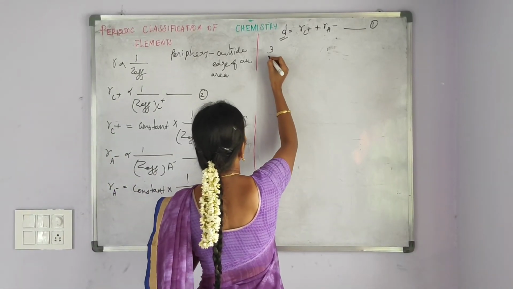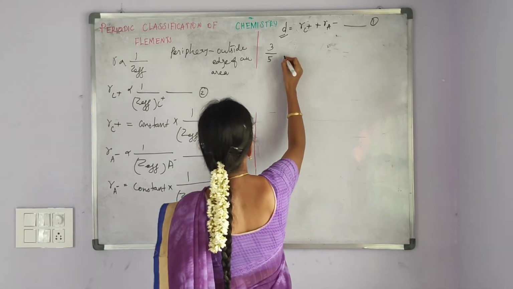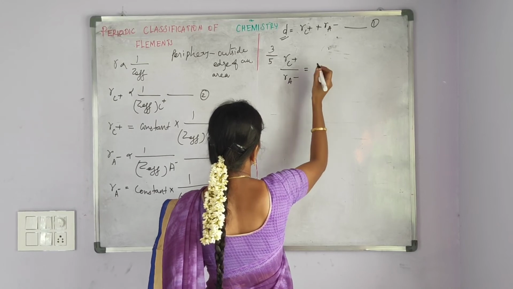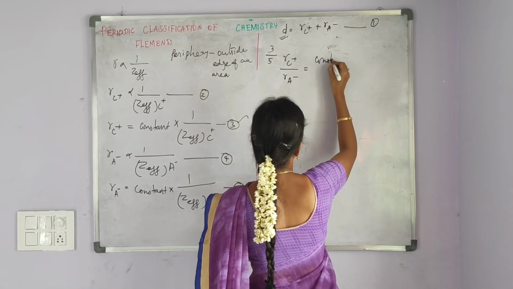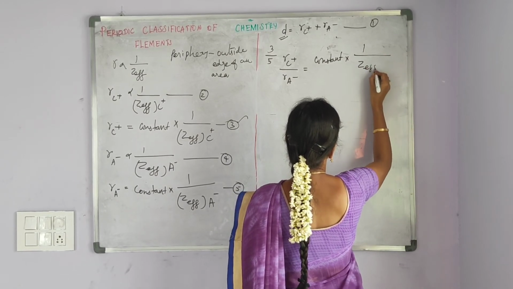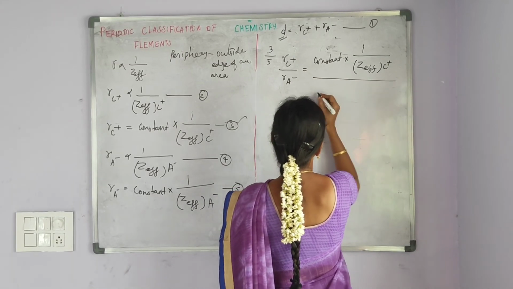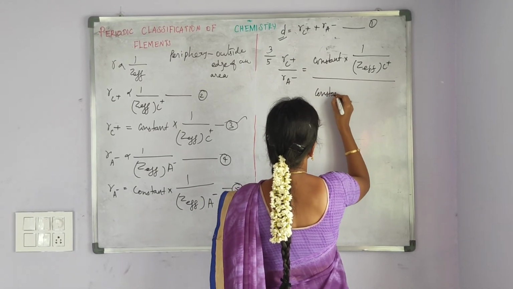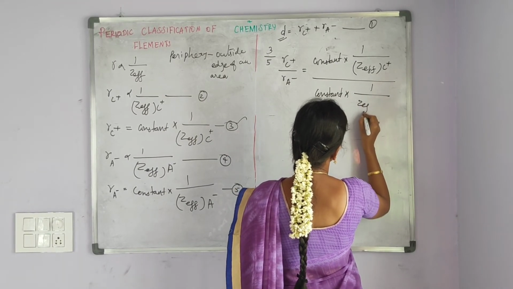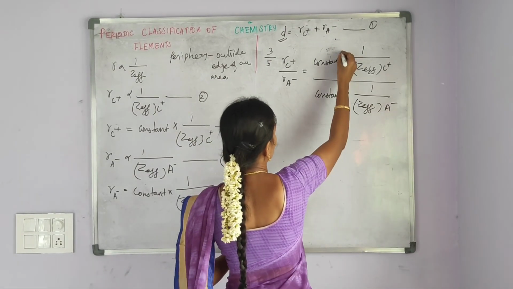Now equation 3 is divided by equation 5, that is Rc plus divided by Ra minus equal to constant into 1 divided by effective nuclear charge of the cation divided by constant into 1 divided by effective nuclear charge of the anion.